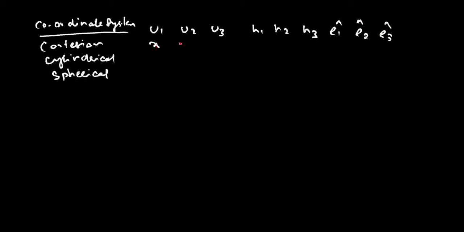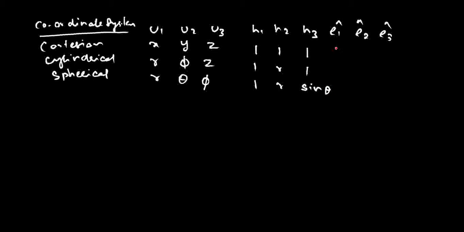For Cartesian coordinate system, this is x, y, z; cylindrical r, phi, z; spherical r, theta, phi. h1, h2, h3 would be 1, 1, 1; 1, r, 1; 1, r, r sin theta. And e1 cap, e2 cap, e3 cap would be x cap, y cap, z cap; r cap, phi cap, z cap; r cap, theta cap, phi cap.